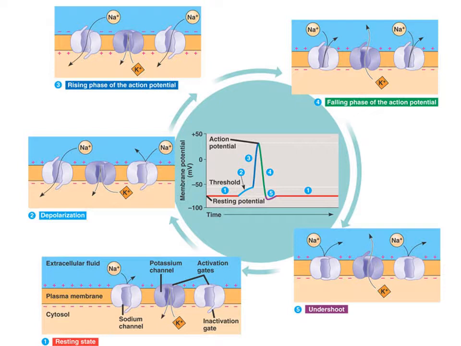If sodium is pushed out against the gradient and the outside is positive, if I close the door, then I can momentarily make the outside not positive. The change in that charge is the action potential. So as you propagate, as you move down the membrane of this neuron, you just open and close doors, therefore changing the charge of the membrane.